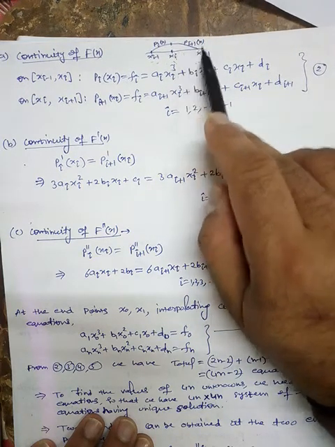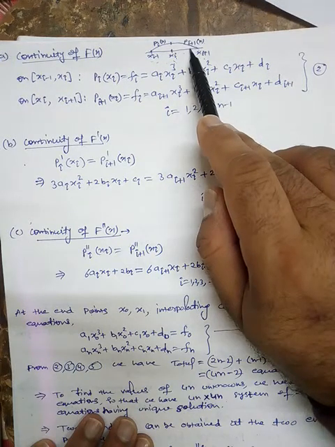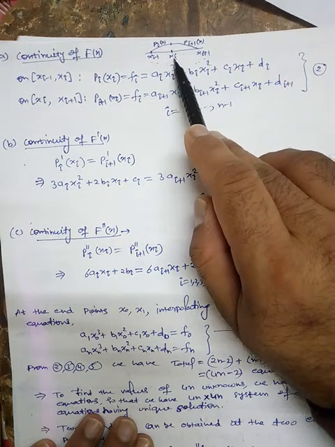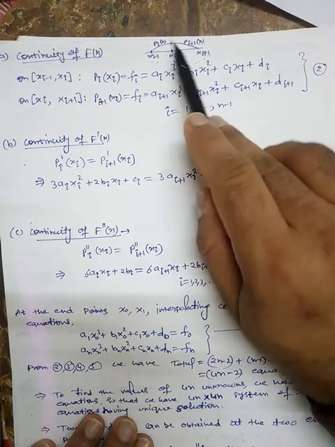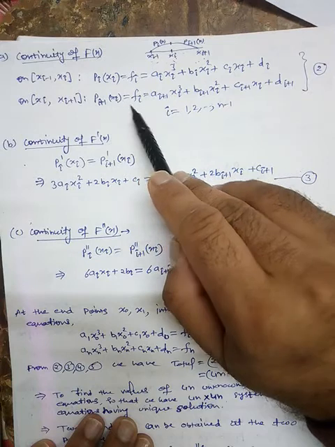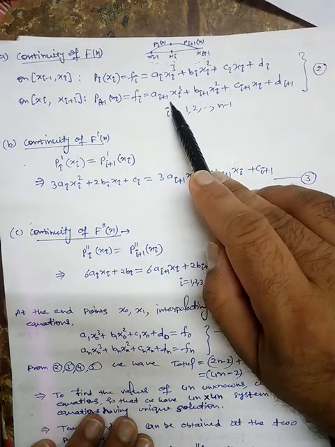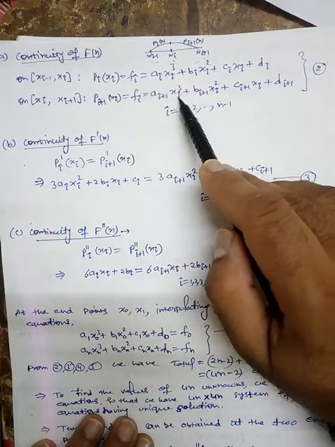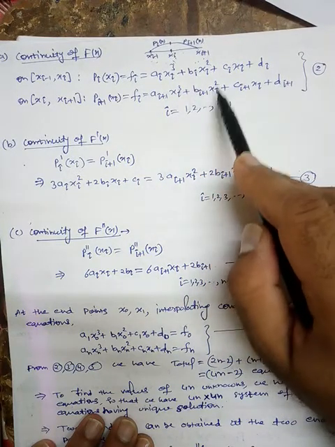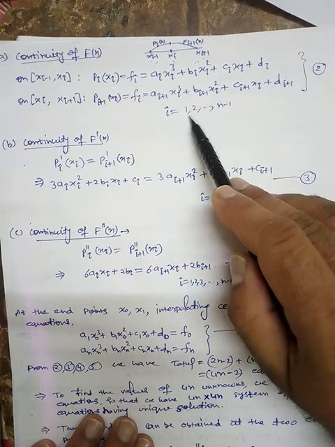Similarly, for this polynomial pi plus 1, if you evaluate at the same point xi, then again the value will be fi. That means the interpolating condition, pi plus 1 of xi is equal to fi. Since pi plus 1 is nothing but ai plus 1 xi cube plus bi plus 1 xi square plus ci plus 1 xi plus di plus 1, where i varies from 1 to n minus 1.